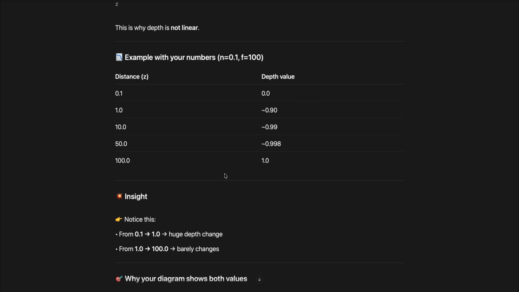But as you get farther away, we don't really care, right? So there's less granularity as we get farther away. The difference between here and here is very big, but the difference between here and here is very small. It's literally a 0.1 difference, whereas this is a 0.9 difference, okay? So that's my read of it, guys.